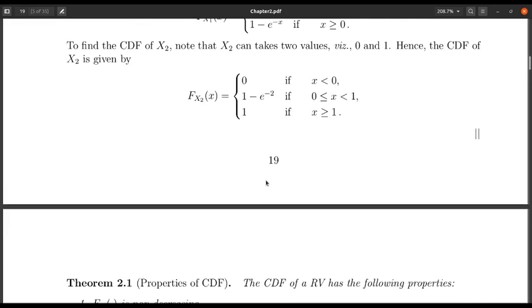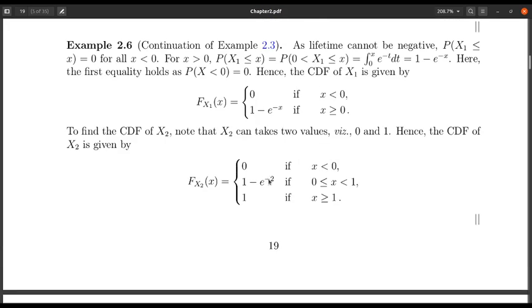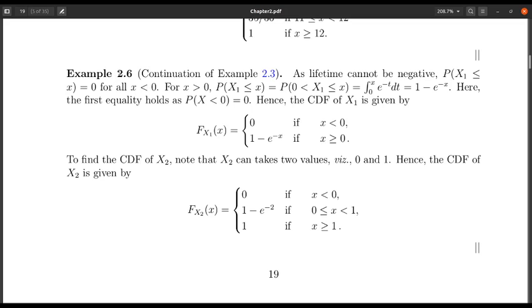On the other hand, if you see example 2.6 and look at the distribution function of x1, this function is continuous as well as smooth. It is a smooth continuous function. So the distribution function of a random variable can take different shapes, and based on that we divide random variables into different categories.